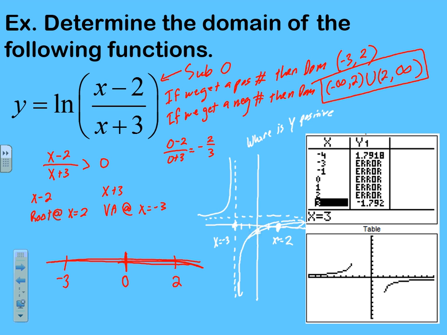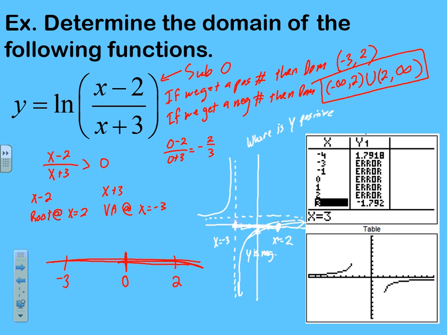So everything that's in between the -3 and the +2 on the rational function that we graphed here is where y is negative. So that tells me that the domain of the logarithm has to be everything else but what's contained between those two numbers, because that is where I get a negative number on the rational function.